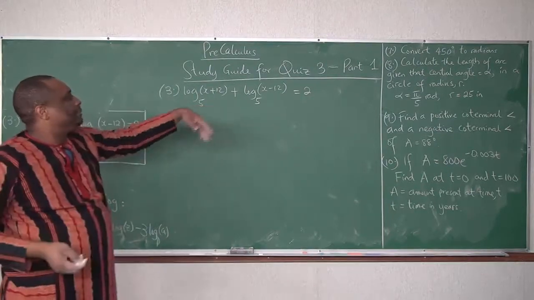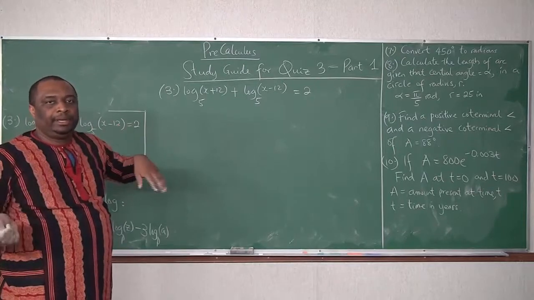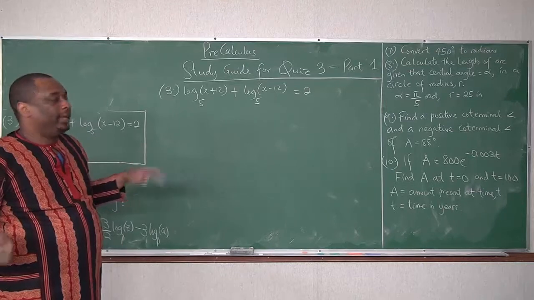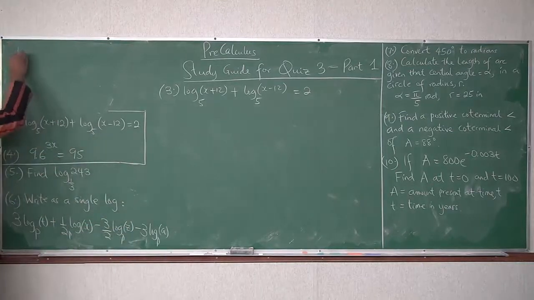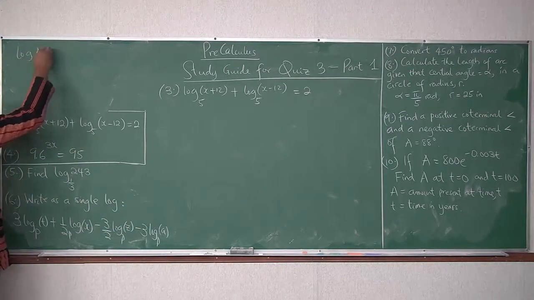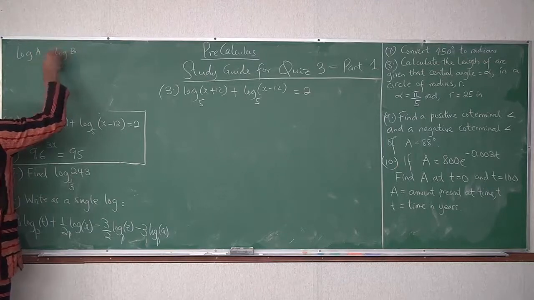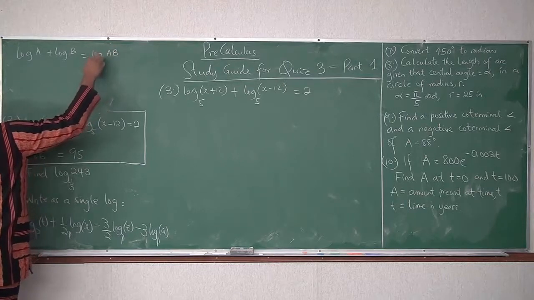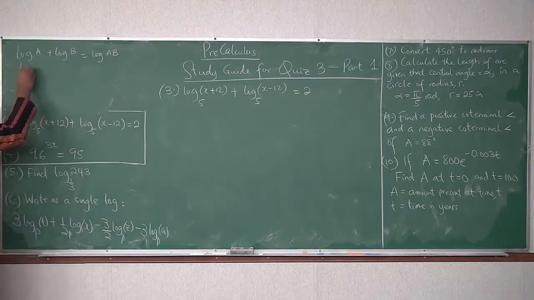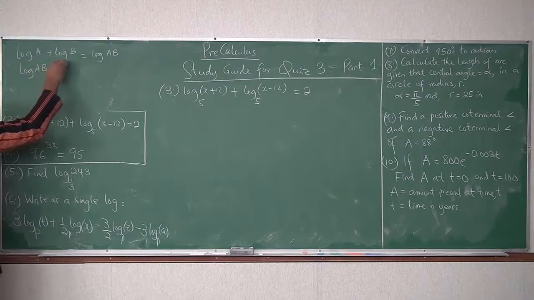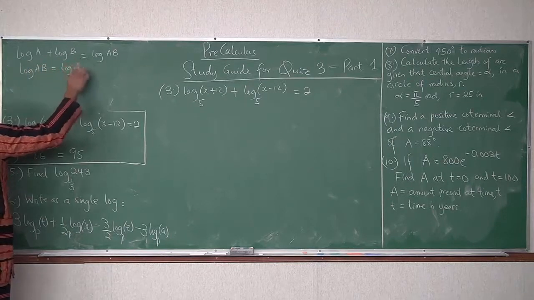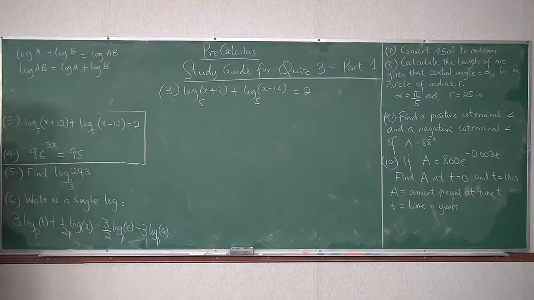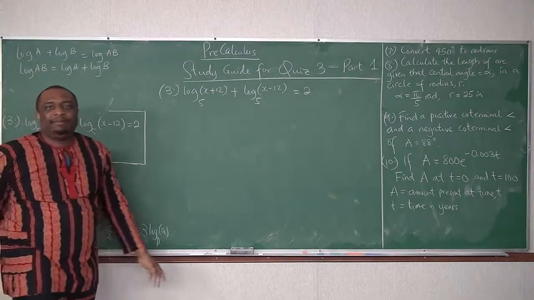By the law of logarithms, you know that log a plus log b is equal to log ab, and vice versa, log ab is equal to log a plus log b, to any base at all.